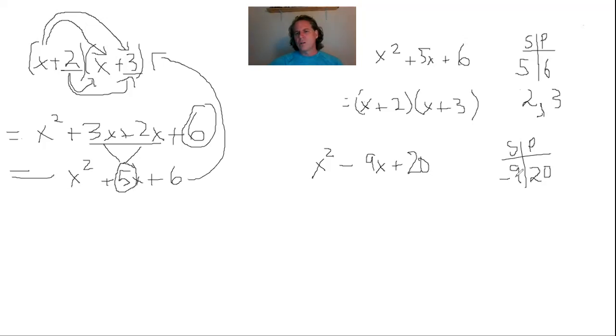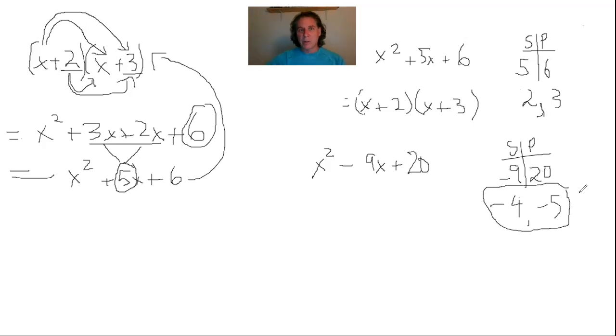So I say, what two numbers add up to negative 9, but multiply to give me positive 20? And if I think about it, I come up with negative 4 and negative 5. Just as a side note, if I'm ever stuck at this stage and I'm not coming up with these two numbers, I don't usually sit there and get stalled for too long.